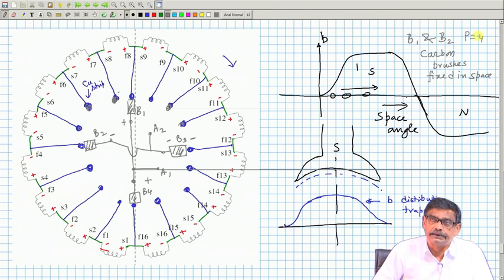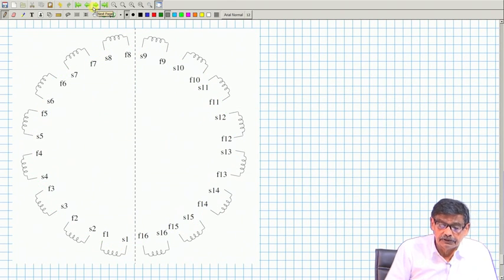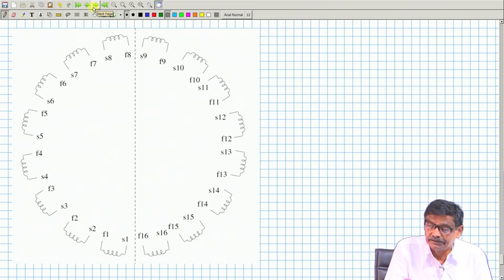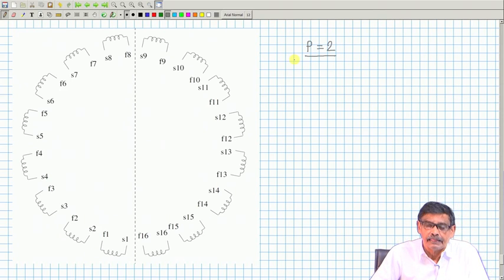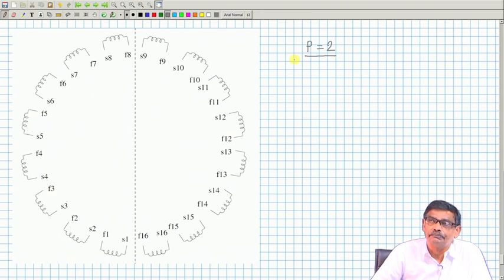This way I did it. I will just tell you, suppose we say that it is a 2 pole machine, 16 coils, how this will look like, so that you understand the previous one in a better way.